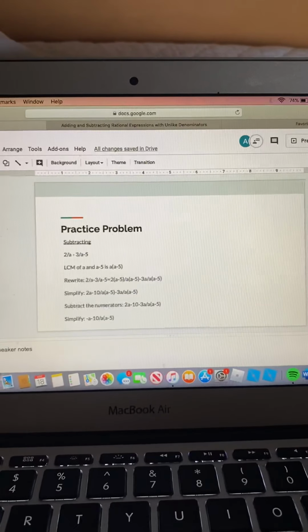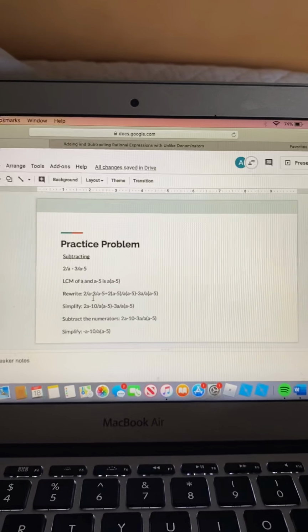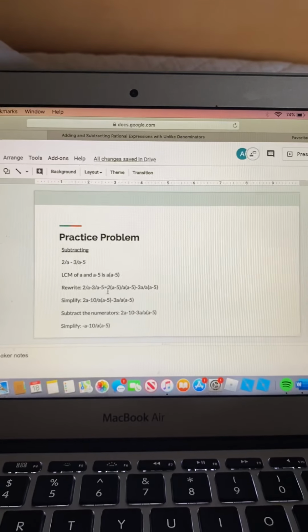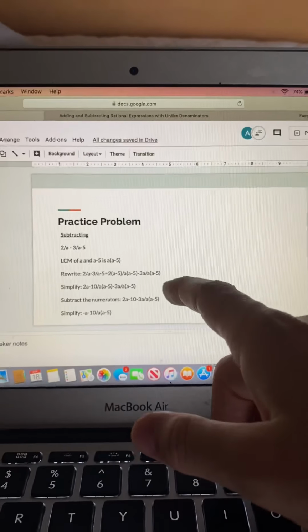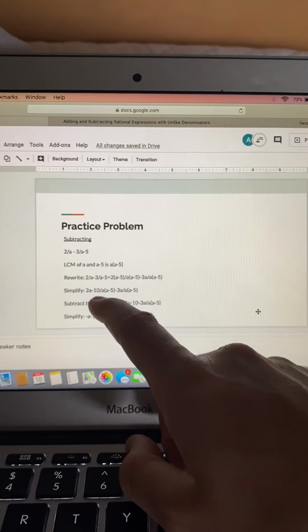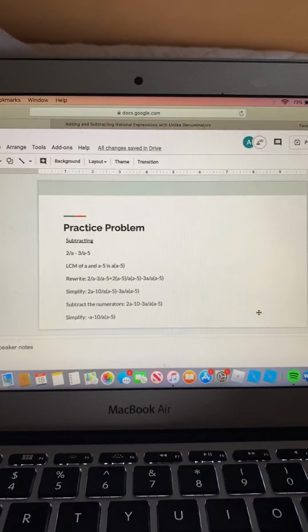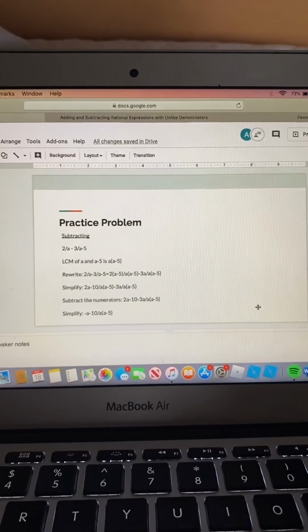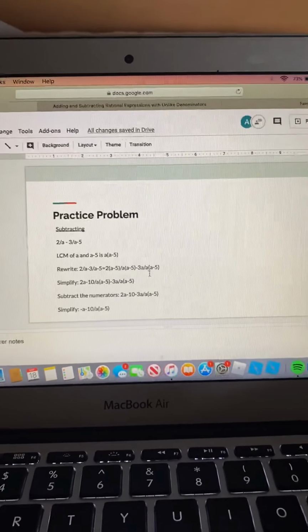We would rewrite this as 2 over a minus 3 over a minus 5 equals 2 open parentheses, and so forth, you can see. We would simplify this by writing 2a minus 10 over a open parentheses a minus 5 close parentheses minus 3a over a open parentheses a minus 5 close parentheses.